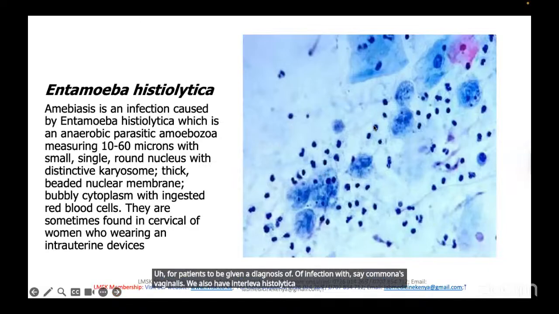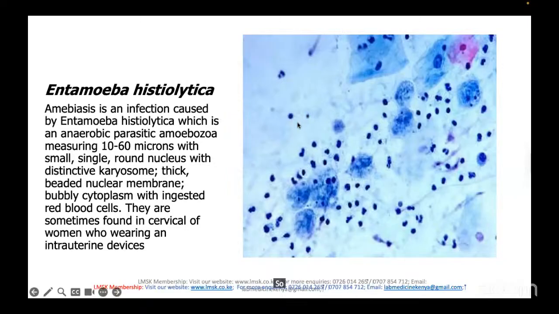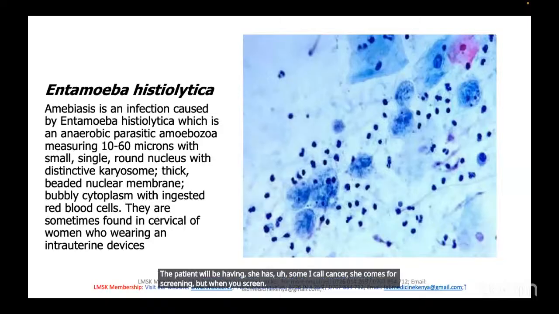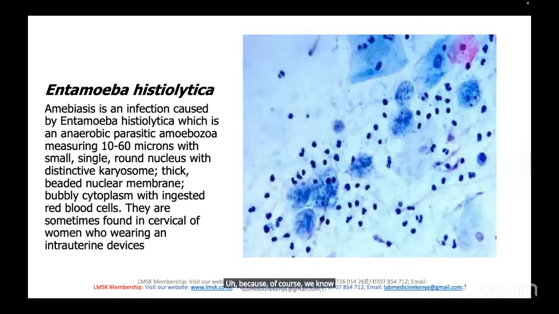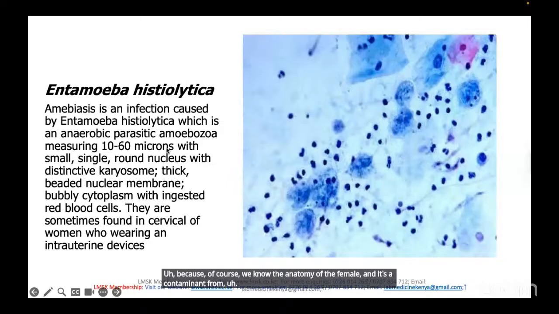You can have this accidentally in pap smears when you are screening. A patient may just be having other problems, for example cervical cancer, and she comes for screening, but when you screen, you come across Entamoeba histolytica because, of course, we know the anatomy of the female, and it's a contaminant from the anal region.